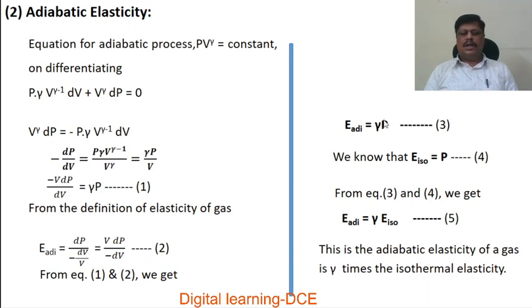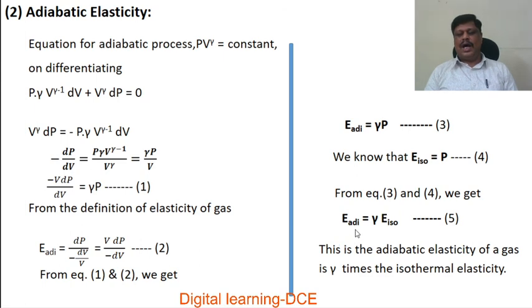So adiabatic elasticity is equal to gamma P. Call this equation number 4. And we also know from the last slide that isothermal elasticity is equal to P. From equation 3 and 4, we can see that adiabatic elasticity is equal to gamma times the isothermal elasticity.